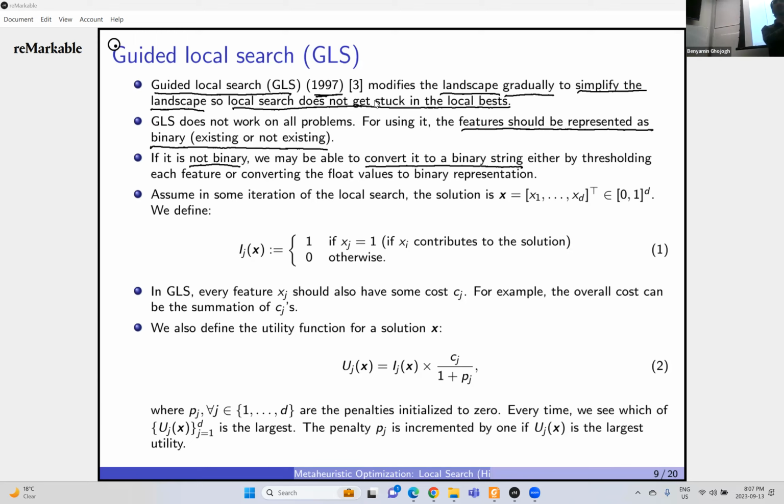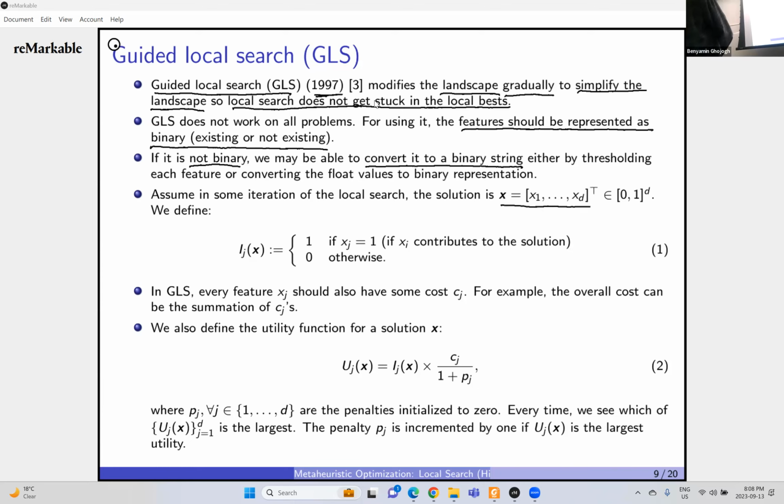So you can use a threshold. Another way: assume your x is a scalar float. Now you can make it a binary vector, because you can represent every decimal value as a binary string. Am I right? So in these two ways you can do that.